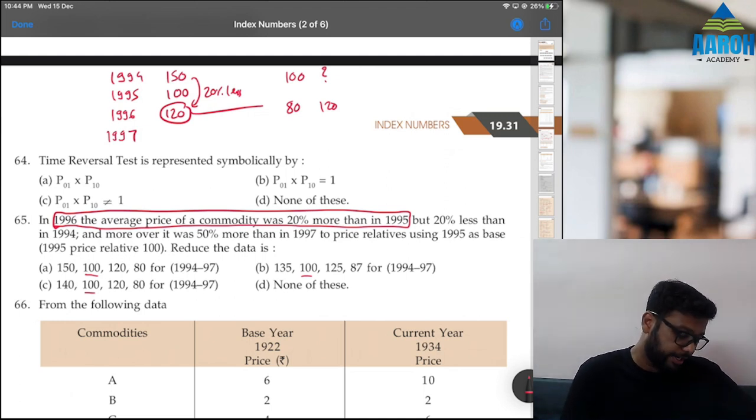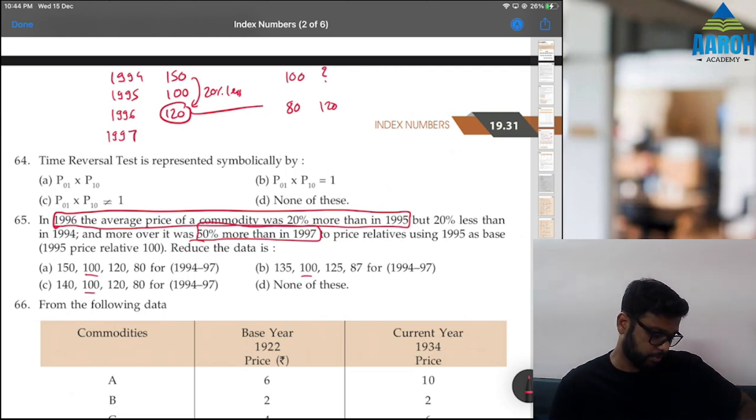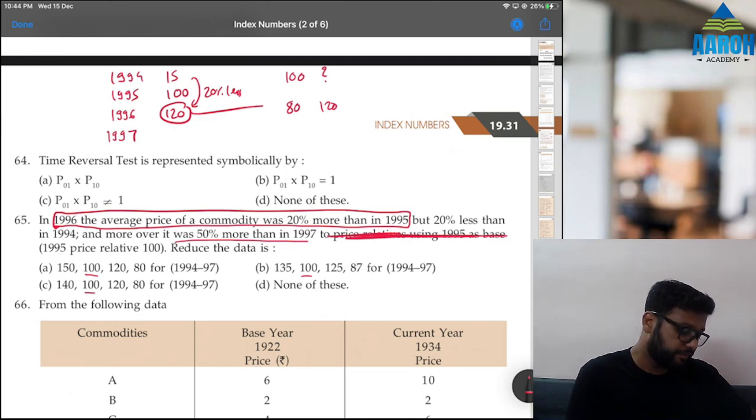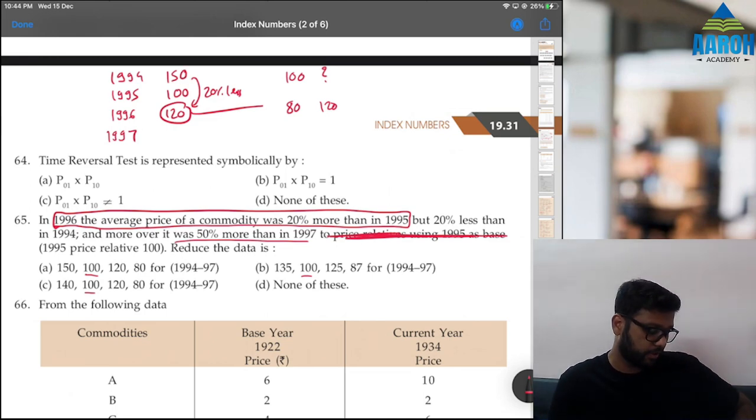And moreover, it was 50% more than 1997. Okay, ignore the rest, they have misprinted something. It was 50% more than 1997. That's it. 50% more than 1997 means what?